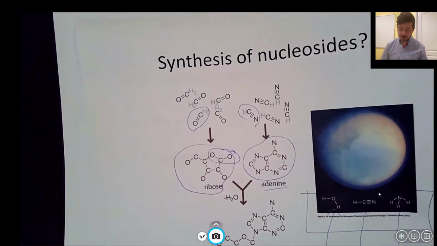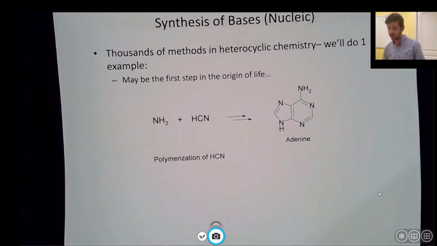the synthesis of bases, there are actually many different methods in heterocyclic chemistry. It's a fairly rich field in organic chemistry, and a lot of different complex heterocycles can be made from different small building blocks.